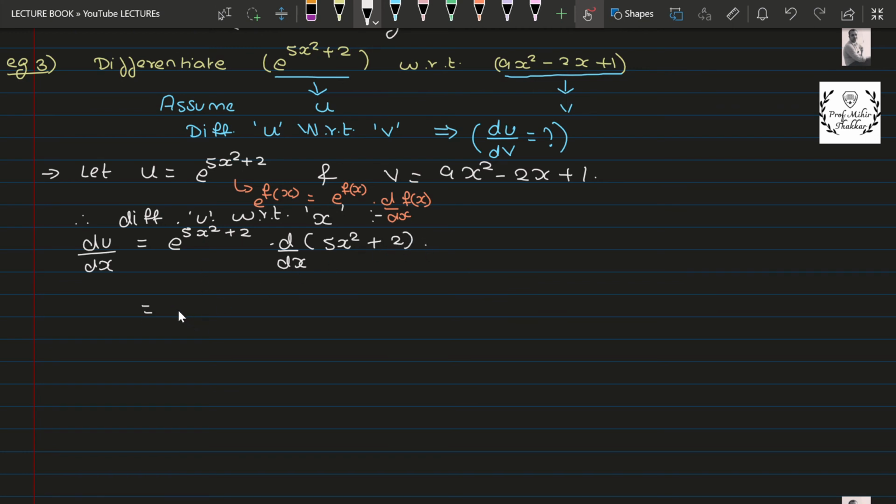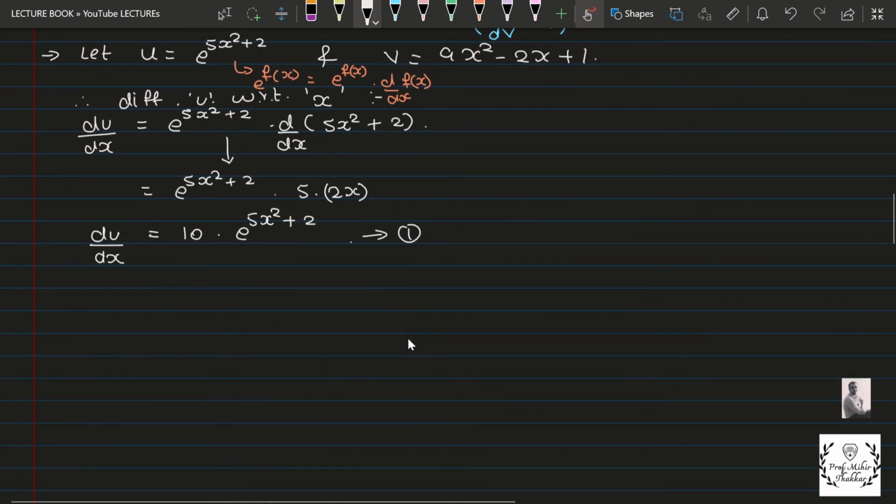So this e raised to 5x square plus 2 comes down as it is, and derivative of this term, 5 is the coefficient, derivative of x square is 2x, so you get this as 5 into 2x. Derivative of constant 2 is equal to 0, so we just leave that. Therefore I get du by dx is 10 into e to the power 5x square plus 2. We give it as equation 1.